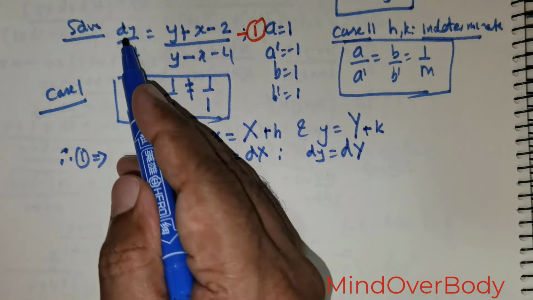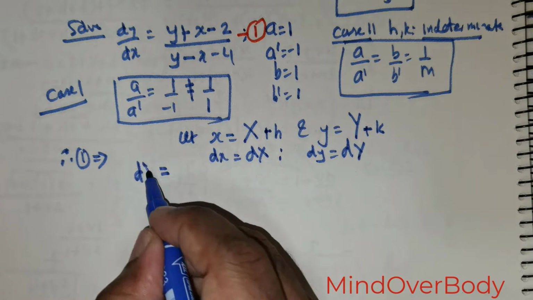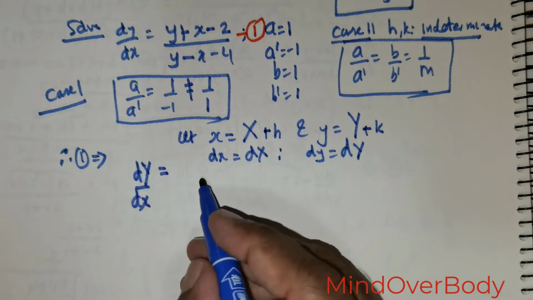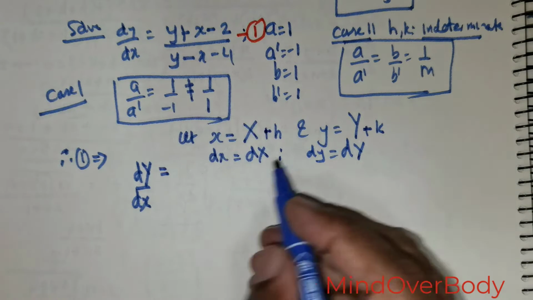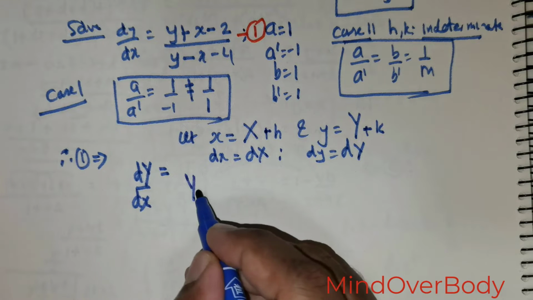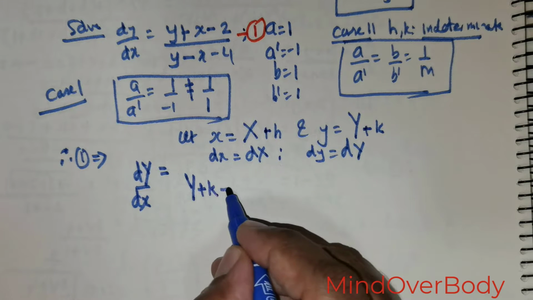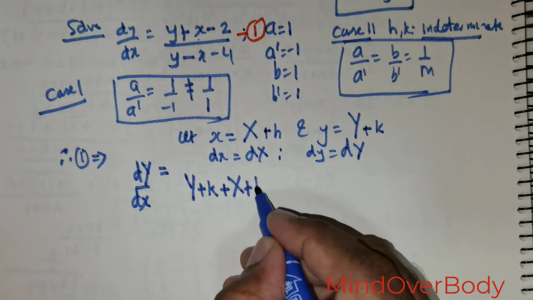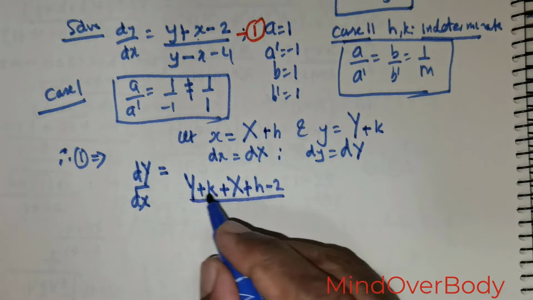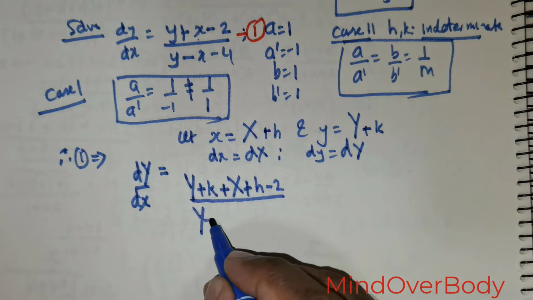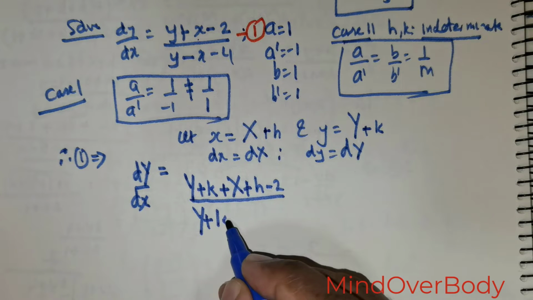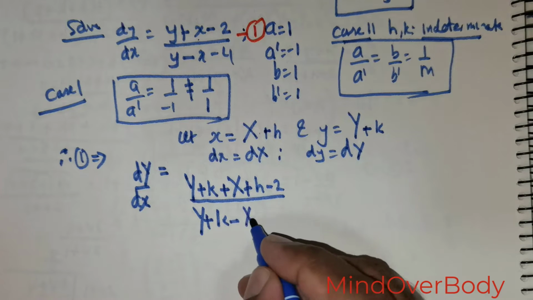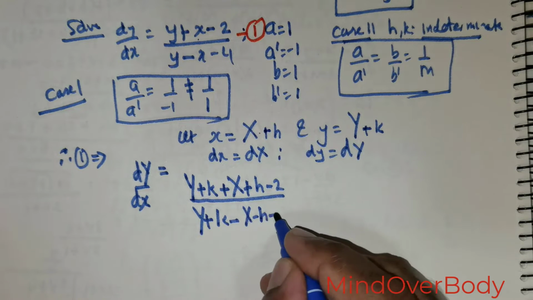So I can replace dy with capital dY and dx with capital dX, and in place of y I substitute capital Y plus k. In place of x I substitute capital X plus h, followed by negative 2, divided by capital Y plus k negative of capital X followed by negative h negative 4.